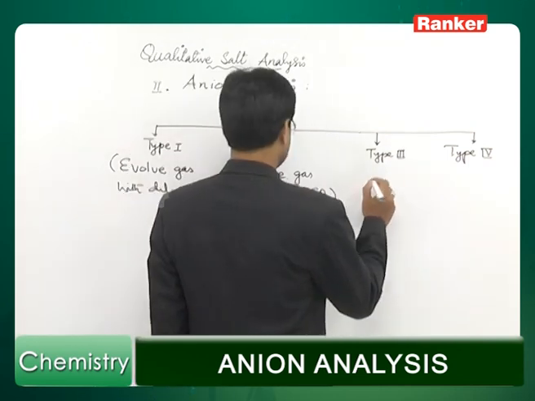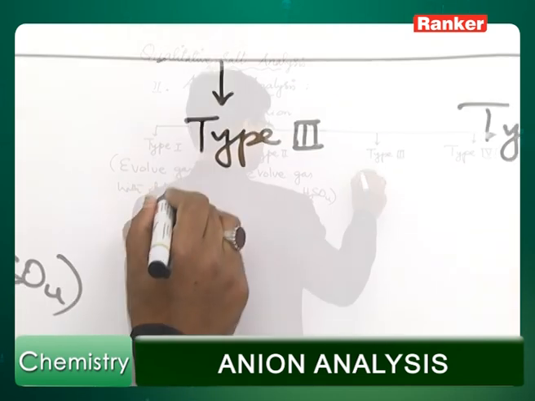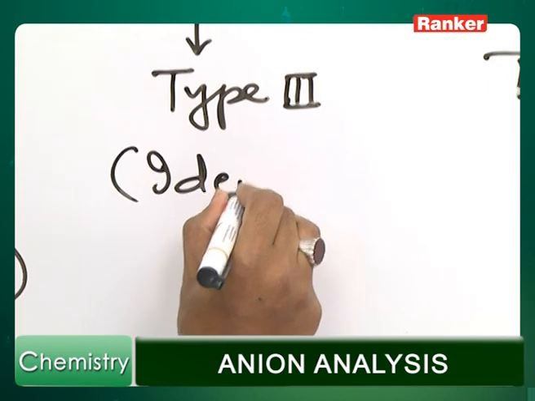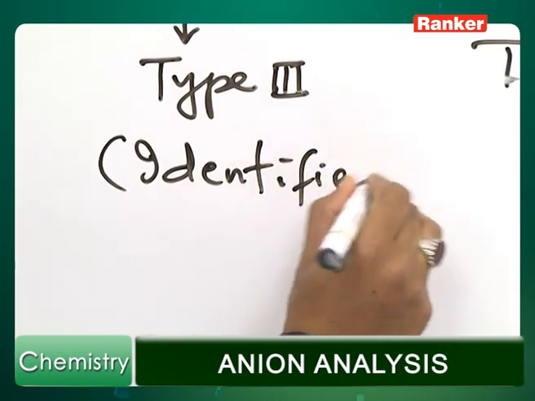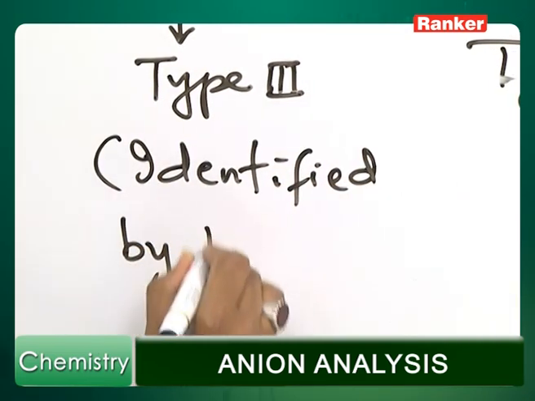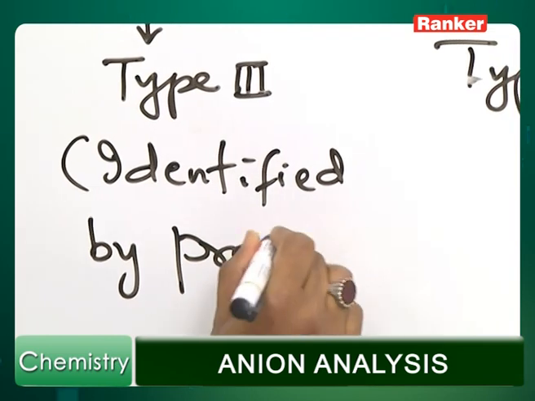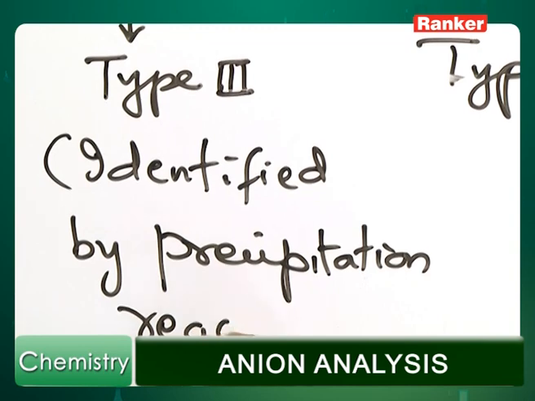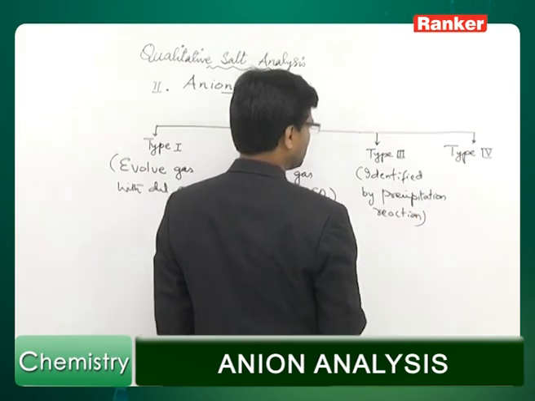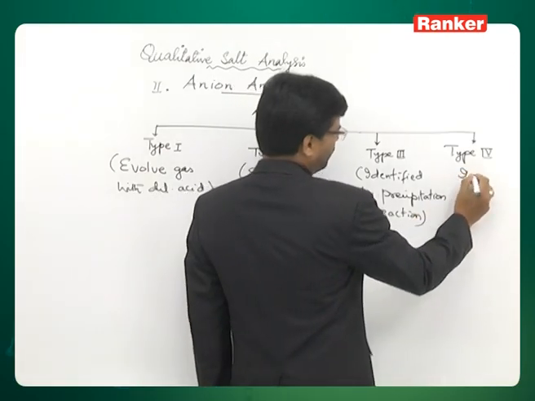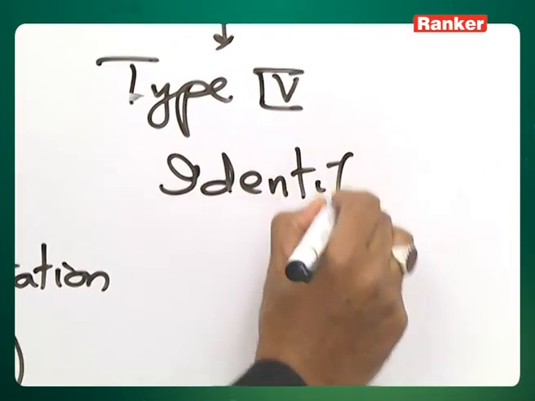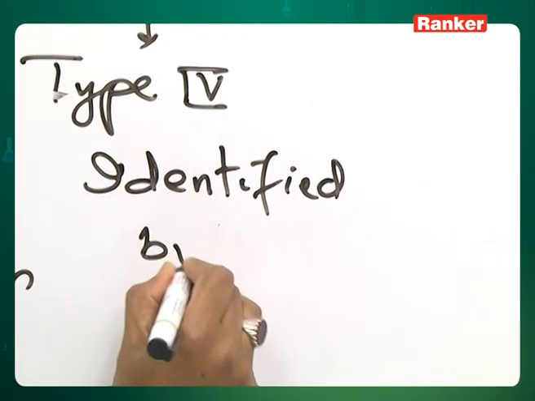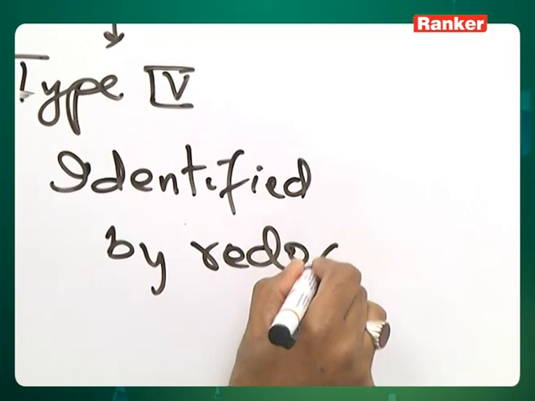Type 3, these are identified by precipitation reactions. And type 4 are identified by redox reaction.